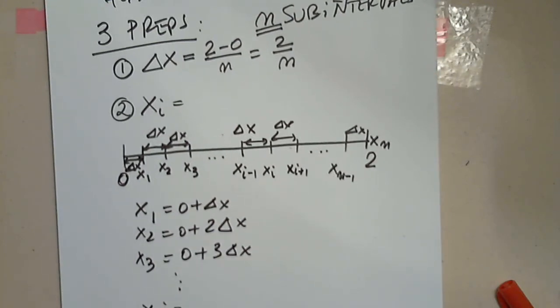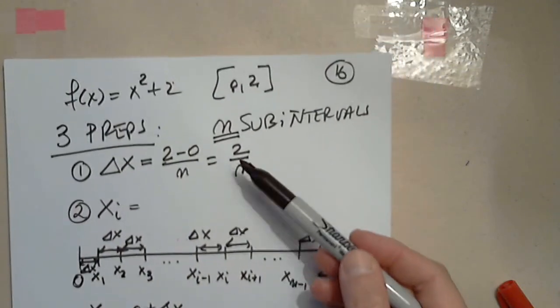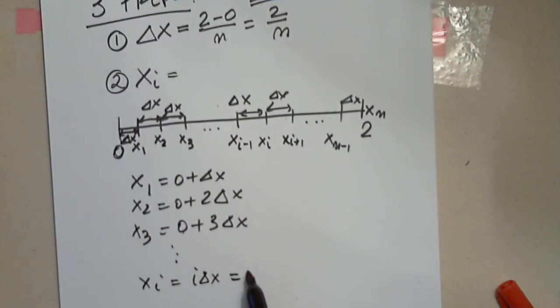So how much is xi? I delta x? Yes. Well, 0 plus, exactly, i delta x. I have delta x equal to 2 over n. So it's i times 2 over n, and we like to write it as 2i over n.